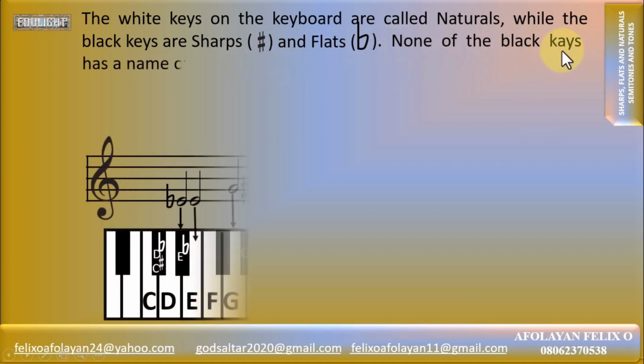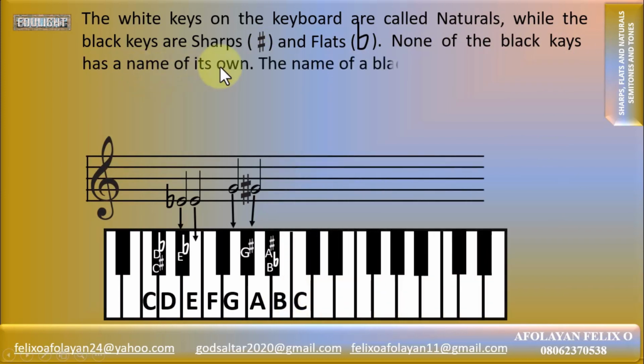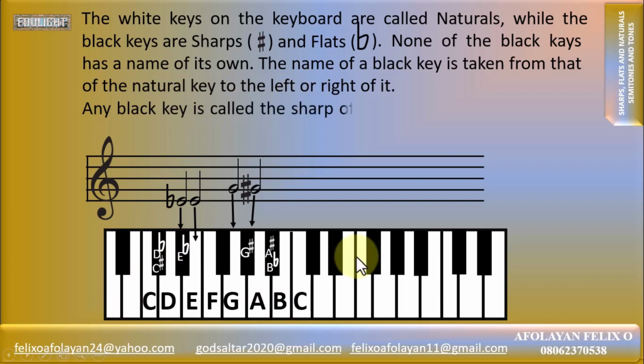None of the black keys has a name of its own. The name of the black keys is taken from that of the natural key to the left or to the right, just as we have seen in this place.